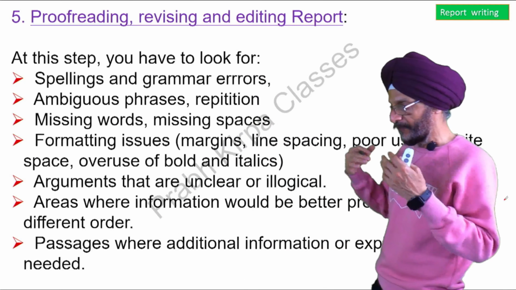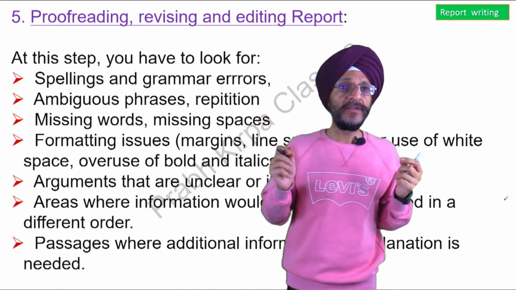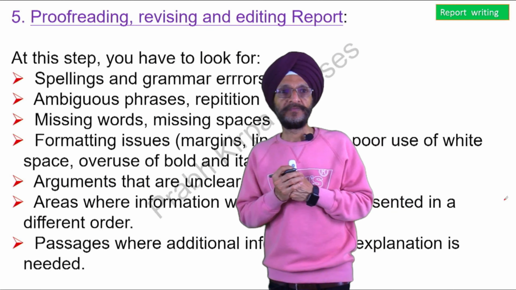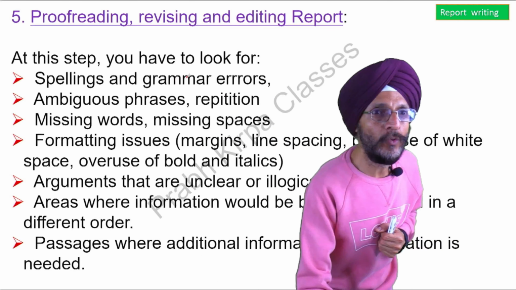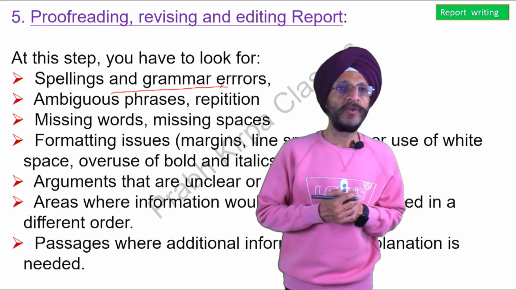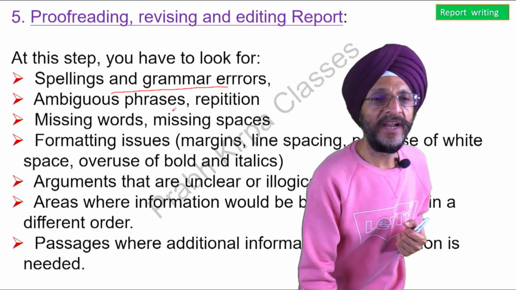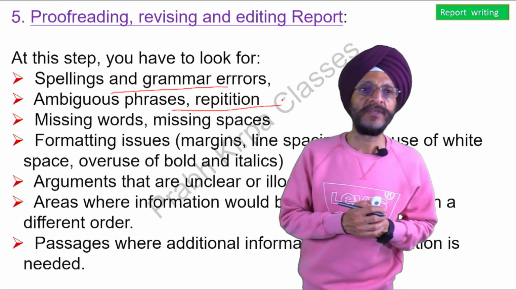Now, the next step after writing the first draft report is proofreading, revising, and editing your report. What we have to do at this stage? At this step, you have to look for spelling and grammar errors. You have to find out ambiguous phrases and repetition of words.